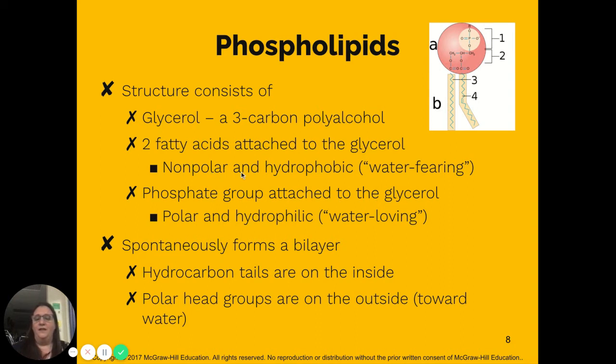Those fatty acids are nonpolar and hydrophobic, and the phosphate group attached to the glycerol is polar and hydrophilic. If we were to dump these into a liquid aqueous environment, they will spontaneously form a bilayer, because those hydrocarbon tails will want to be flipped inside and protected, and the polar heads will be on the outside.